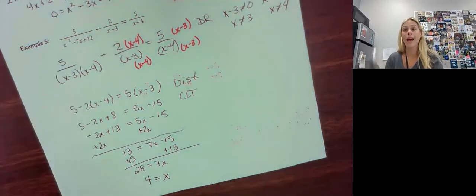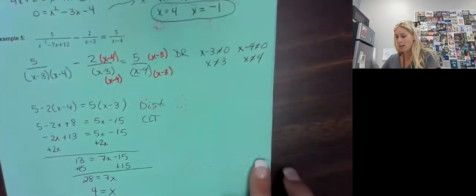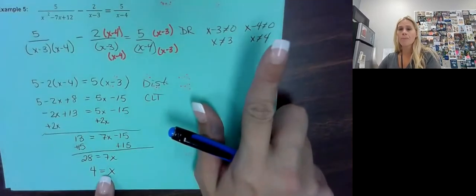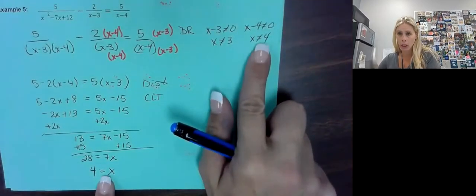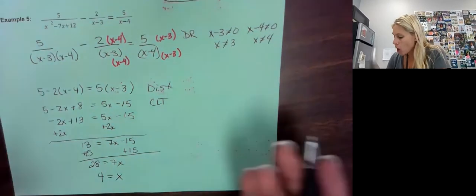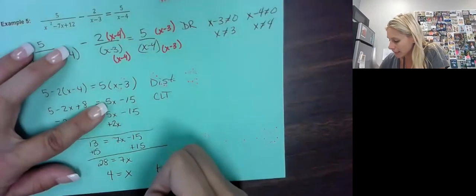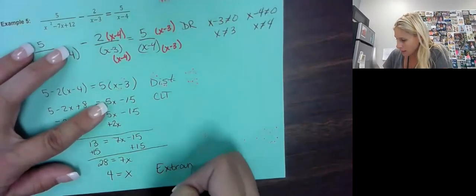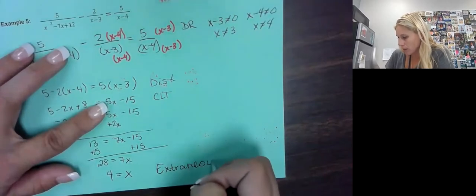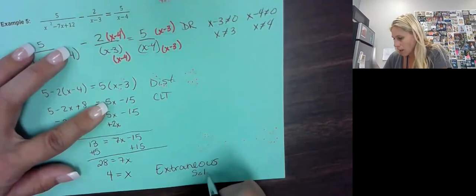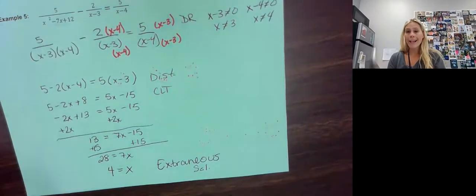Awesome. Last but not least, compare. Uh-oh. We have a solution that is a domain restriction. This is what, at the beginning, if you read that paragraph, we call an extraneous solution. So right off the get-go, we know that 4 can't happen.